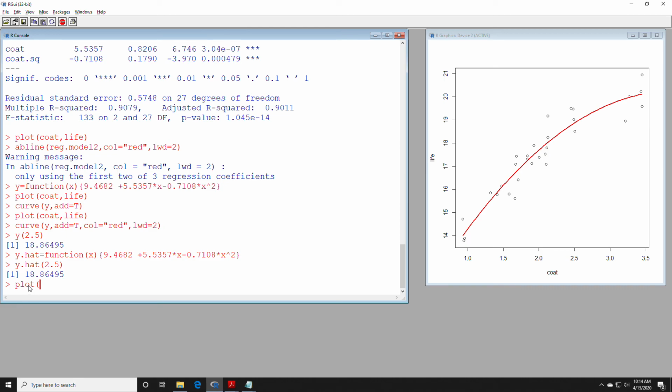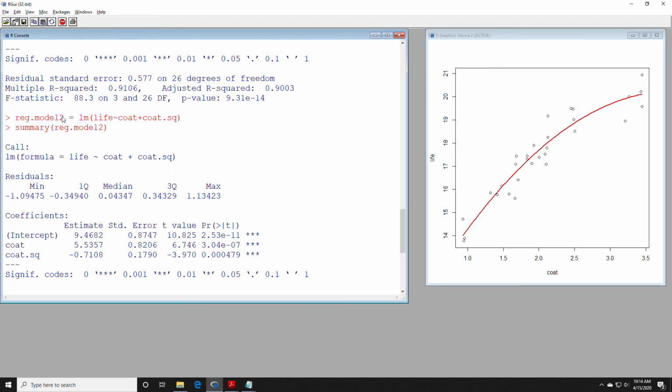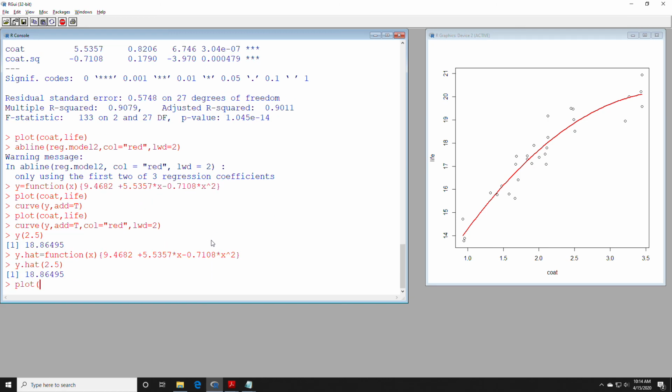Normally we do plot x comma y, but there's something else that this plot function can do: if we put plot and then whatever we called our regression model. In this case, I want to verify this model because it is clearly a lot better than the first one. I want to make sure that the assumptions are satisfied.